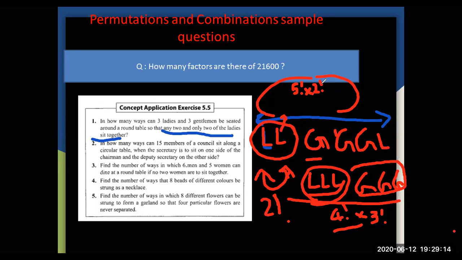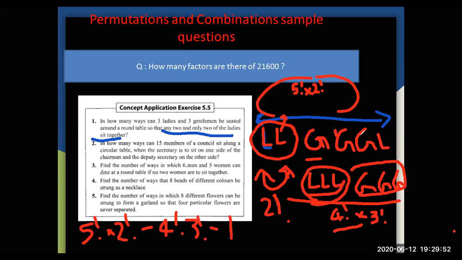And then I'm not sure how to take care of the boundary condition now. I think it's just 5 factorial times 2 factorial minus 4 factorial times 3 factorial minus 1.